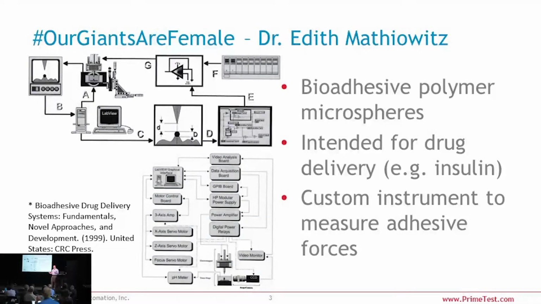And what you see there are a couple of images from a book that was published in 1999, but it was dealing with what we were working on back in 96 and 97, even 95. It was this instrument called an electromagnetic bioadhesive force transducer. So what is all that? Basically, they're making these microspheres.